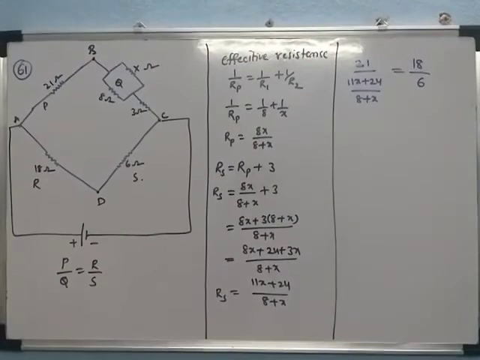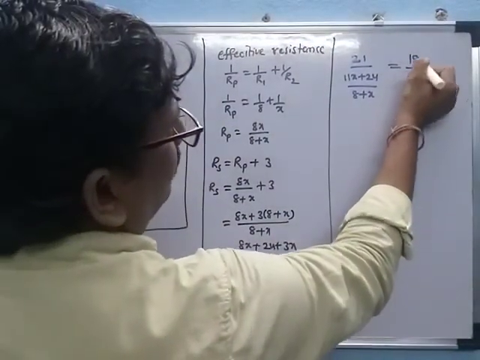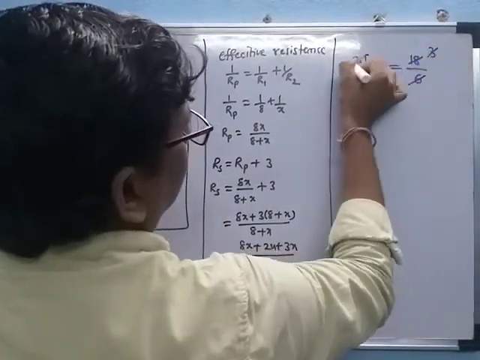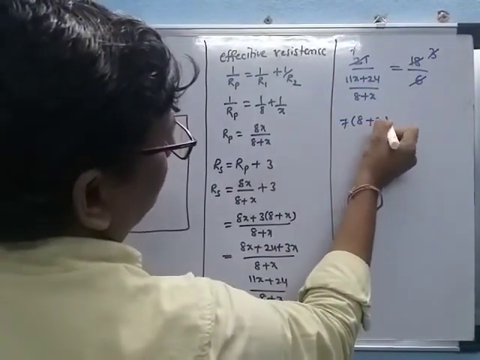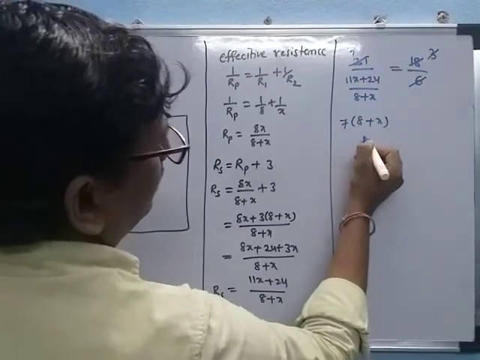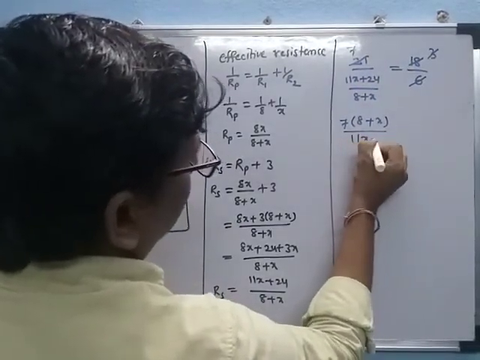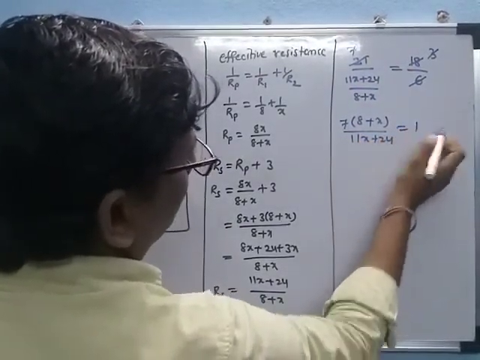Now cancel the 6. 6 goes 3 times into 18, and 3 goes 7 times into 21. So 7 into 8 plus x, by 11x plus 24, is equal to 1.